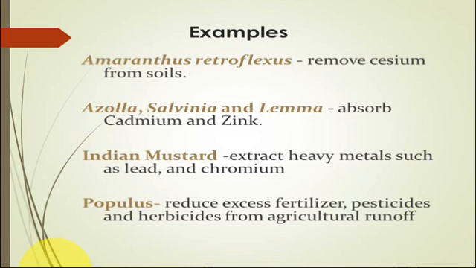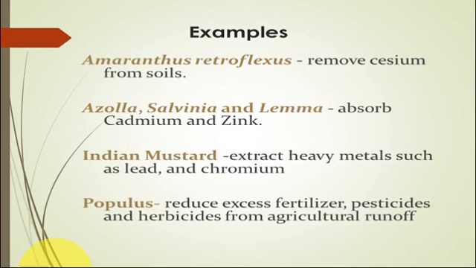Examples of hyperaccumulators are Amaranthus retroflexus, Azolla, Salvinia, and Lemna. Amaranthus retroflexus removes cesium. Azolla, Salvinia, and Lemna absorb cadmium and zinc.